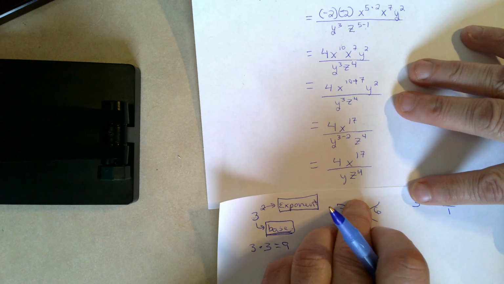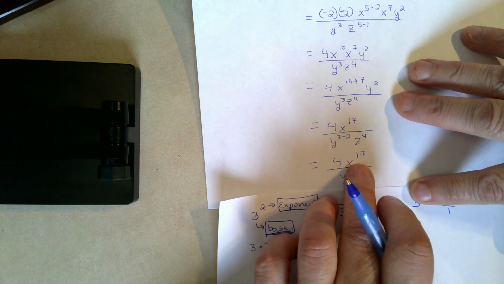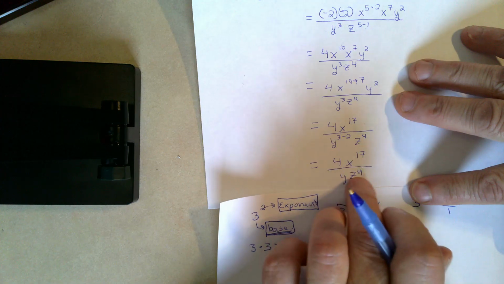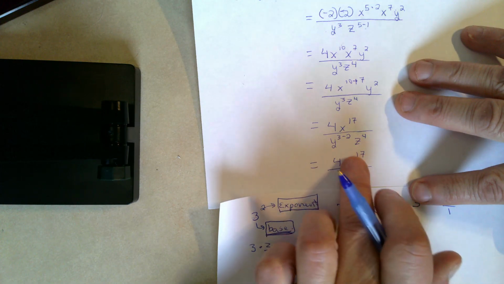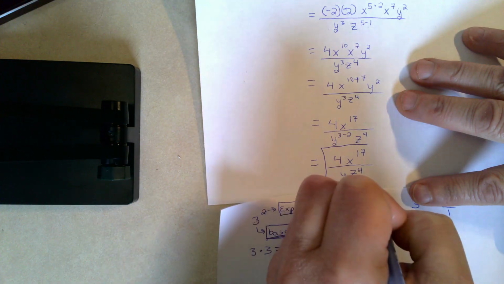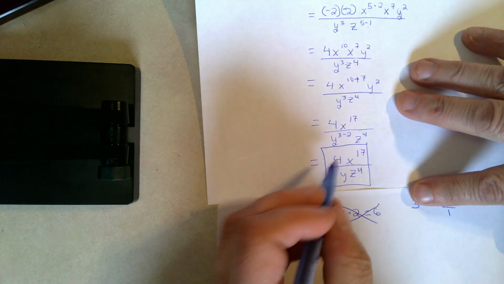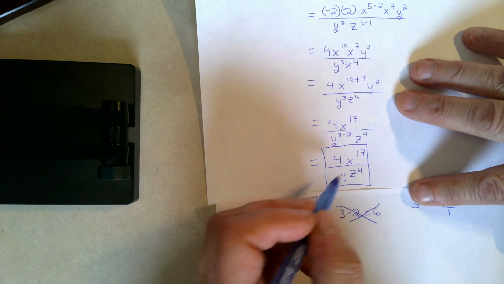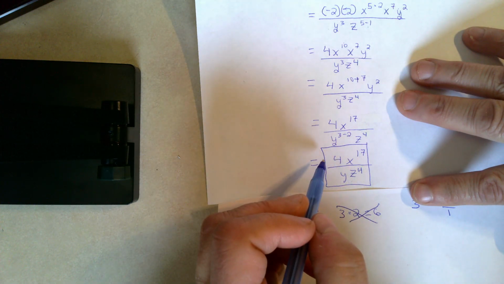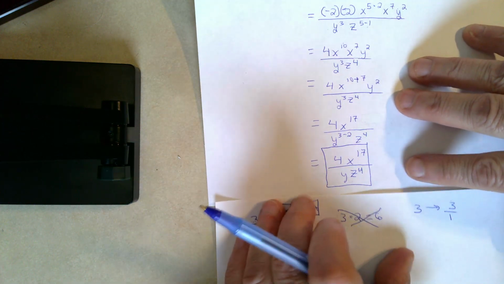And there we have the final answer because these are not the same bases, so I can't combine any of them. I have no more negatives because that's a big rule with all this. We don't want any negative exponents. And so there's nothing else for me to simplify. So this is in the simplest form possible. And so we are done.